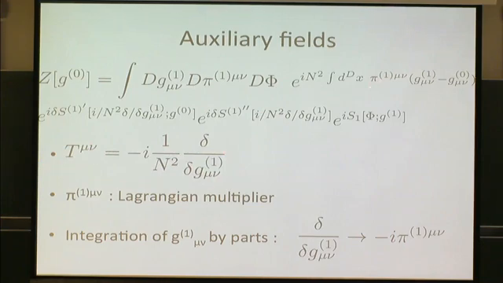And then this pi 1 is nothing but the Lagrange multiplier that forces this dynamical metric G1 to be the original metric G0. So after applying this derivative to the action, every derivative gets replaced by the energy momentum tensor, and then you integrate out pi 1 and G1, and G1 becomes G0.